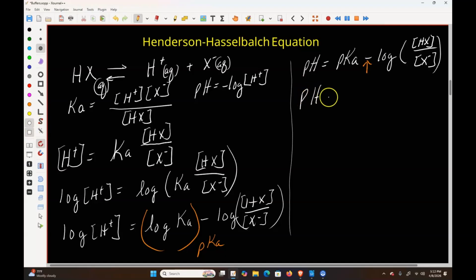So pH is equal to pKa plus log. If I change the sign, I have to flip this over. So this will be X negative over HX.